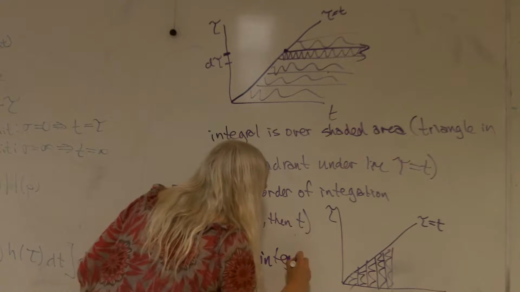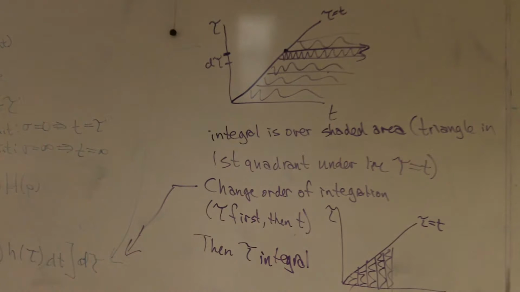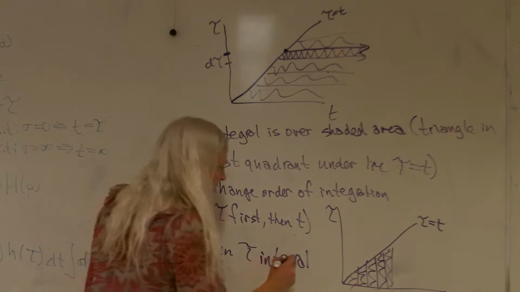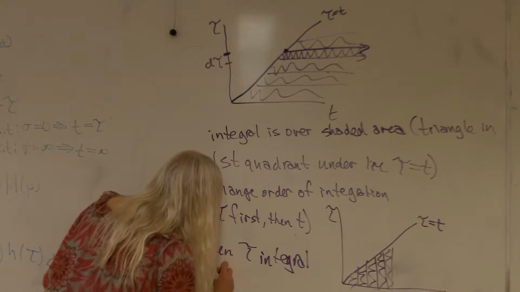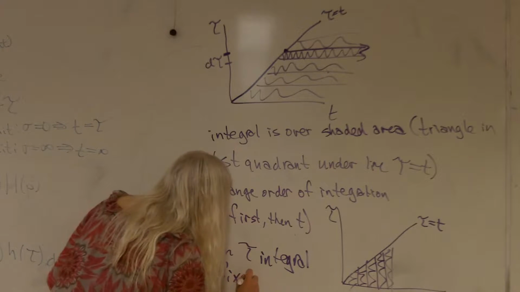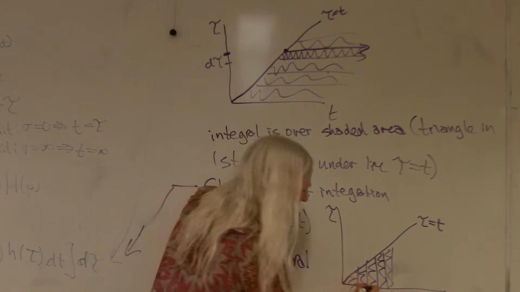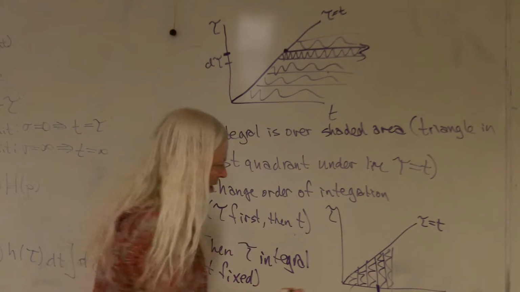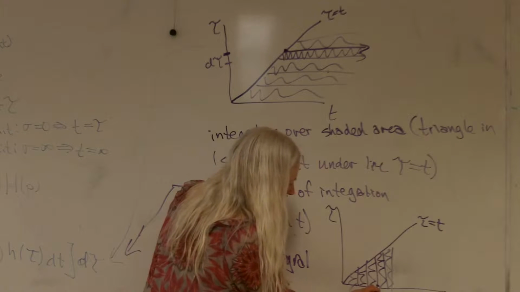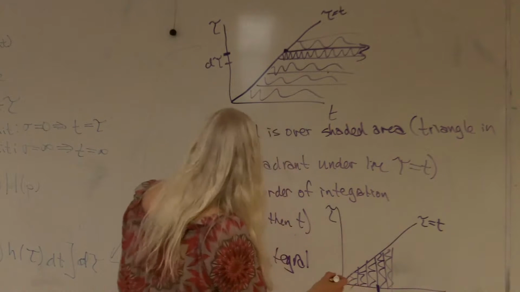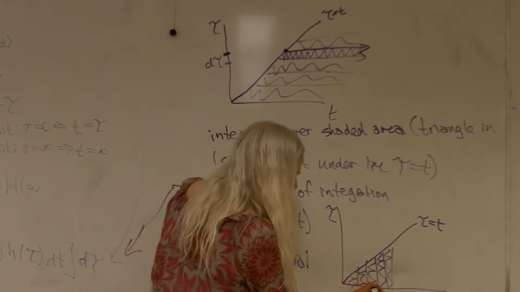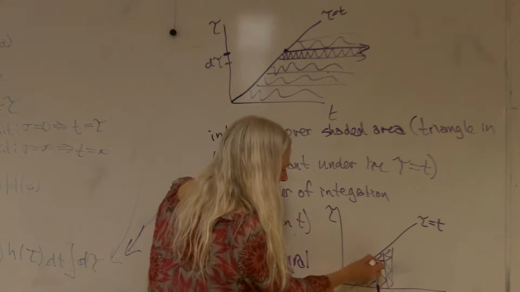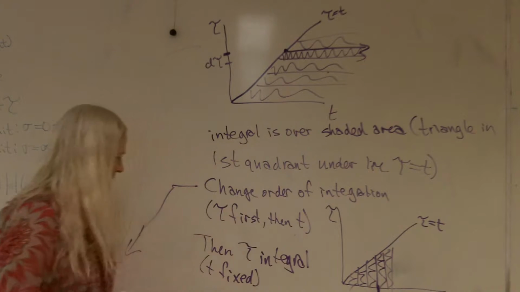Then our tau integral, the one that we do first, right? So imagine, as we're doing this tau integral, t is held fixed. So we're looking at a fixed value of t. That means a fixed point down here on this axis. And to cover this region then, tau, the integral we're doing first, has to go from 0 to t, right? To cover this whole extent right here.